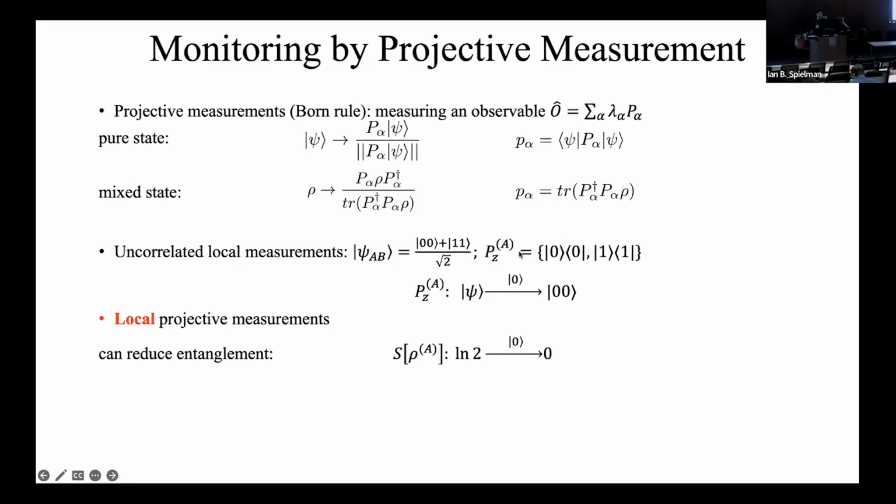But if we measure the spin Z of particle A, then we end up going to the 0,0 state or to the 1,1 state, and the entropy goes from a non-zero value to a zero value. So in general, local projective measurements can reduce entanglement.